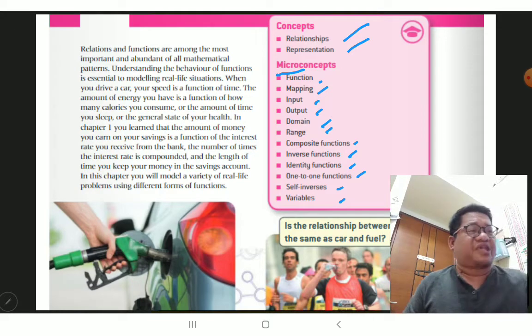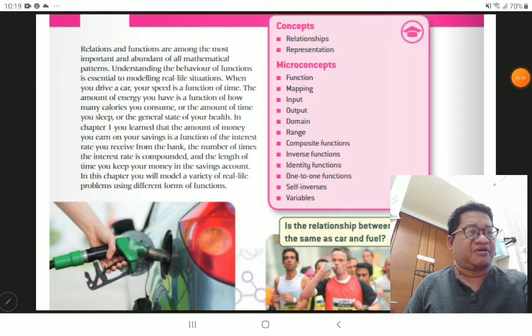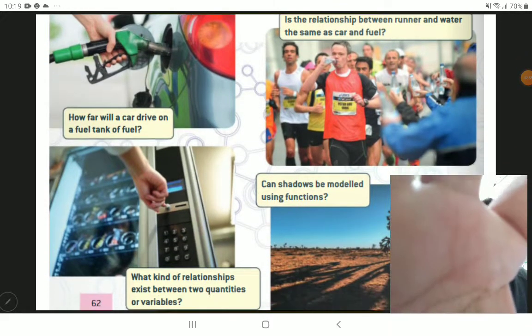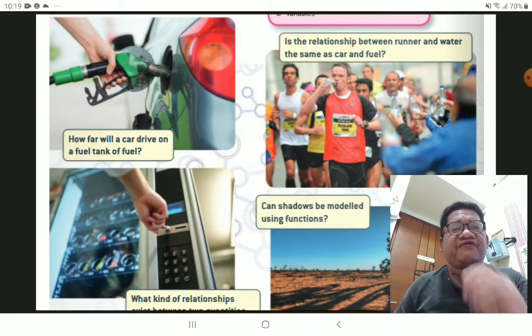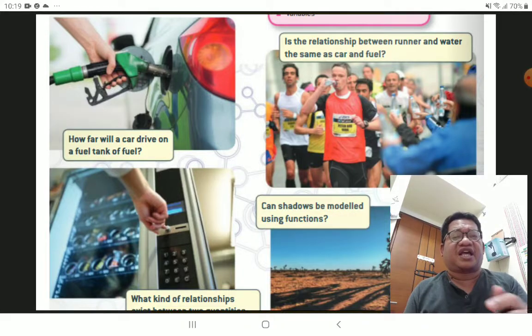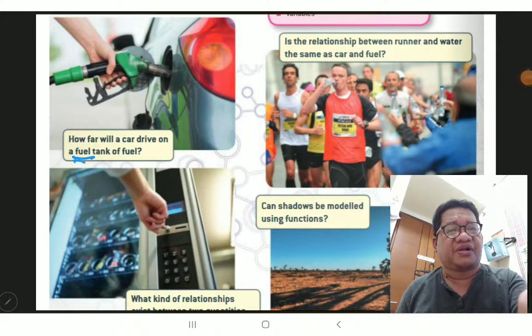What are the examples of functions, of relationships? These are the different ones.